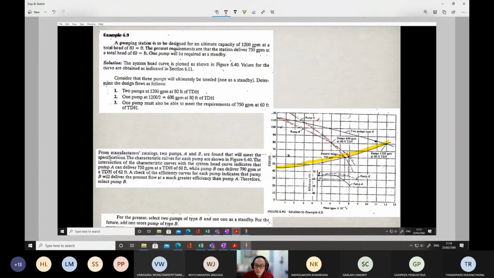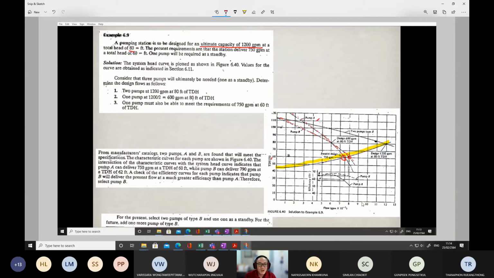So if we choose pump A or if we choose pump B, we will get a flow rate of only 10 to the power of 2 gallons per minute, while the TDH we can actually achieve only up to 60 feet. It does not meet our requirement. In fact, what we want is for the pumps to operate at a capacity of 1200 gallons per minute at a total head of 80.